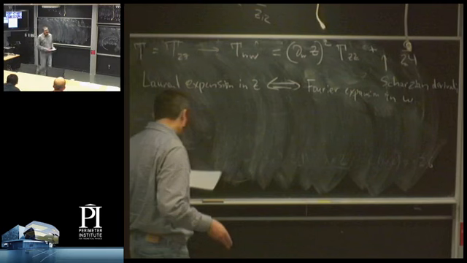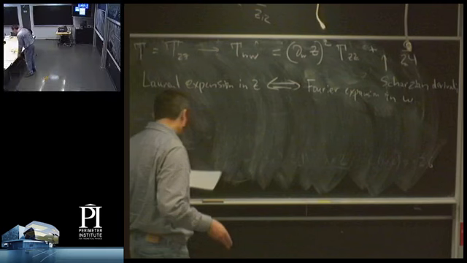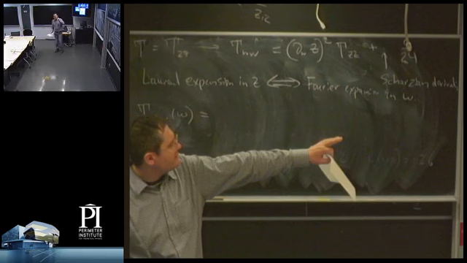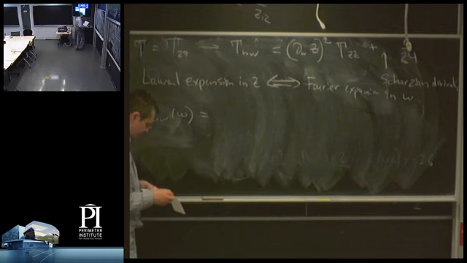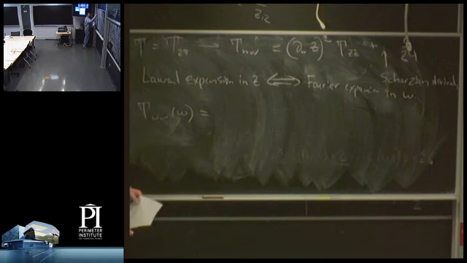So what is happening is that we might ask the question: we have a Laurent expansion there. What does the Laurent expansion correspond to on a cylinder? And the answer is that it will correspond to a Fourier expansion on a cylinder.